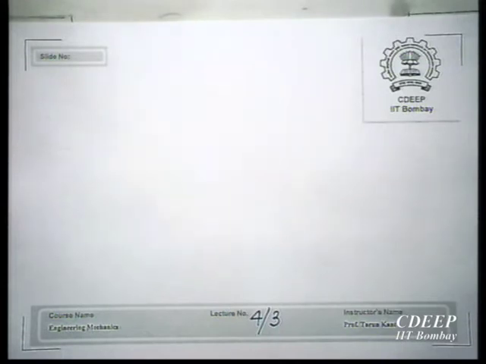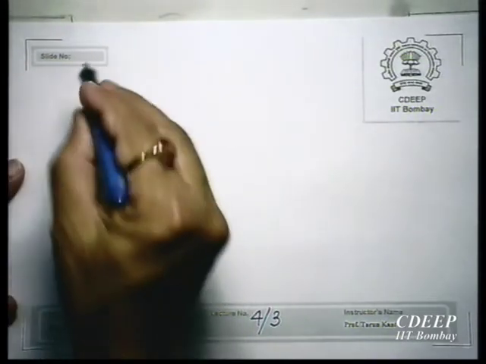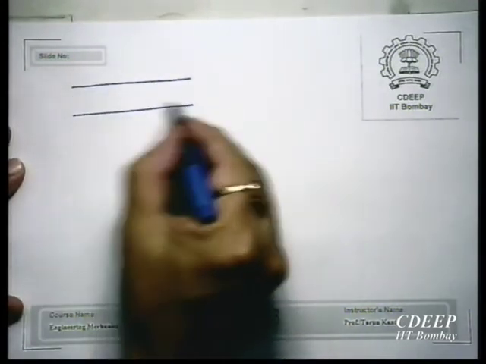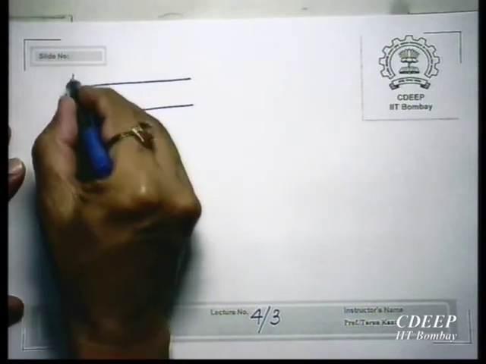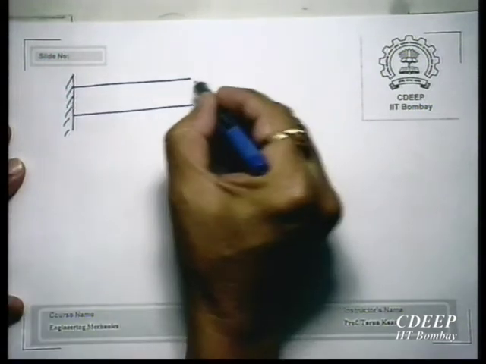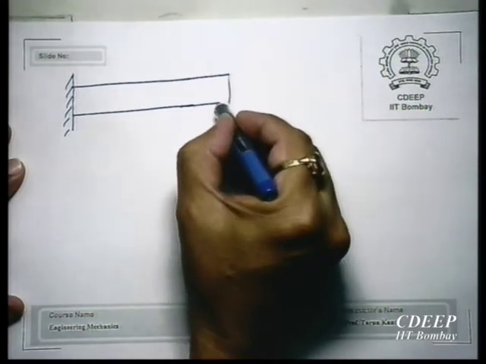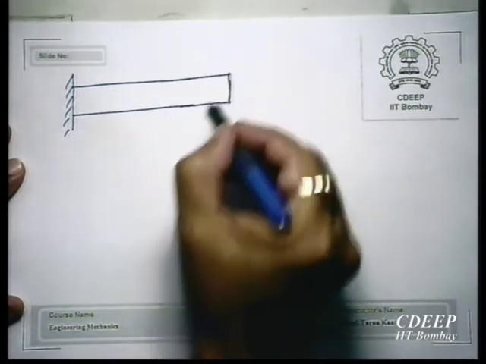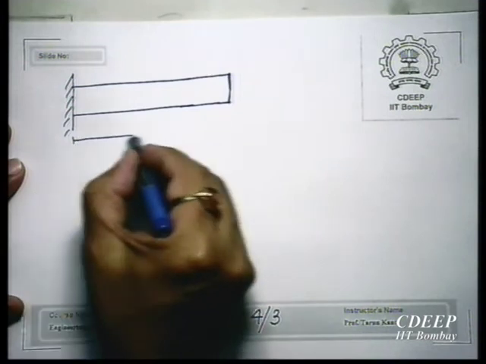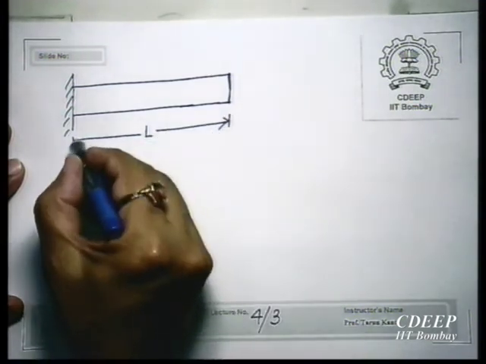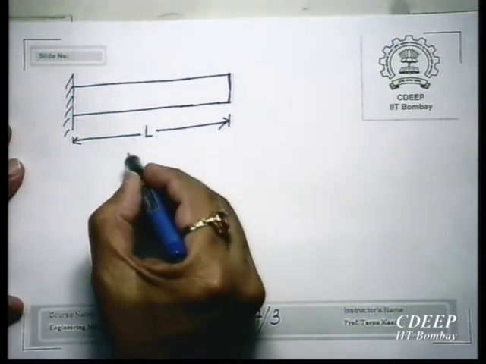So, supposing there is a rod, a prismatic rod of length L, modulus of elasticity, that means material.